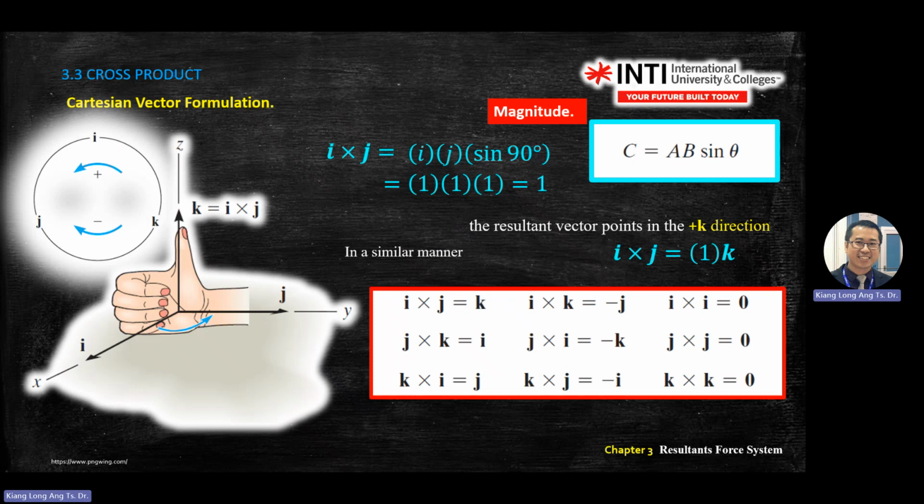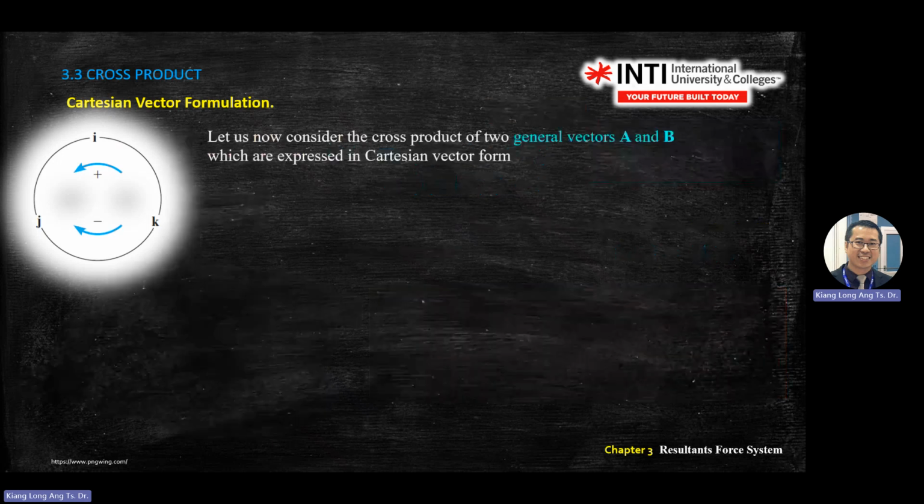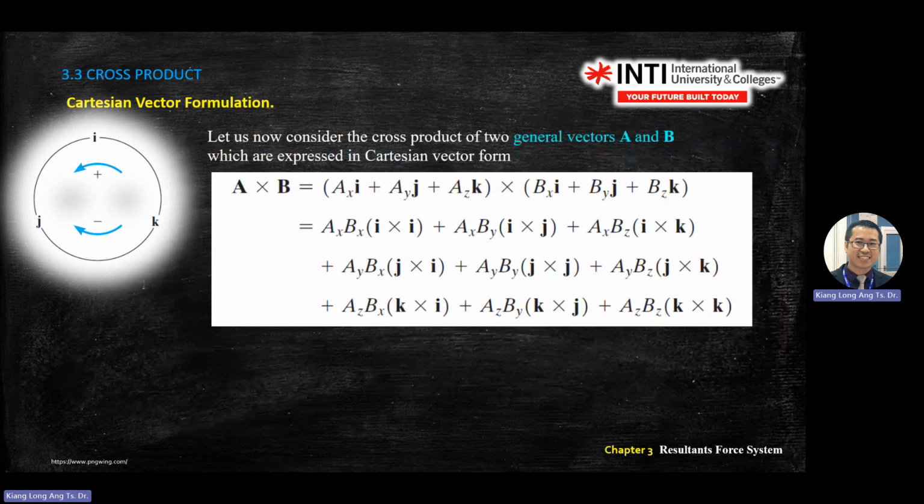If you cannot remember all this, use this diagram to help you. Okay. So today your homework will be this one. Draw this: I, J, K, anti-clockwise positive, clockwise negative.